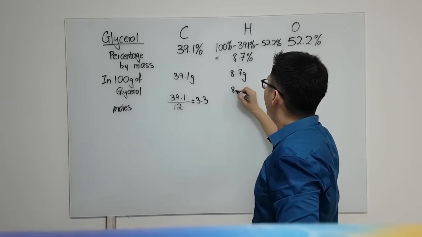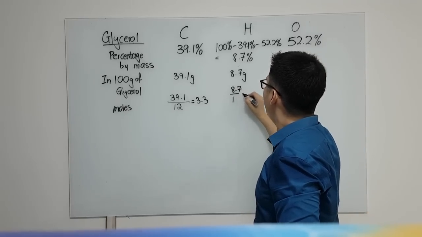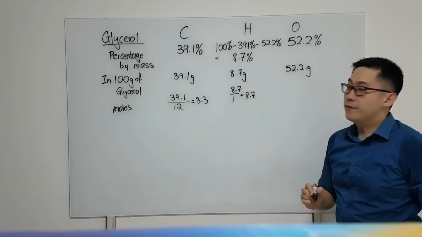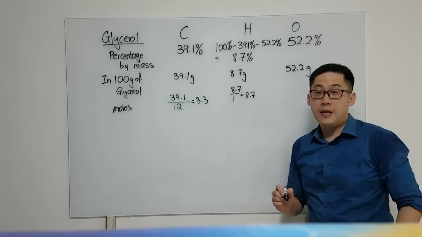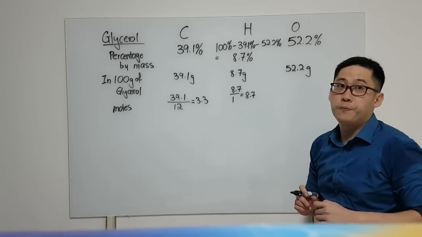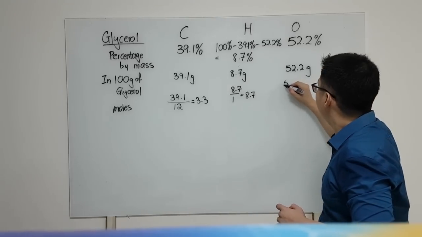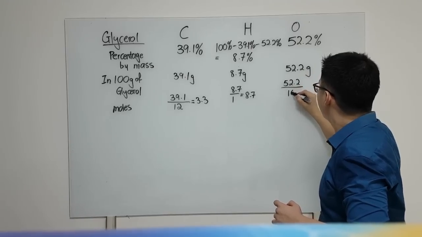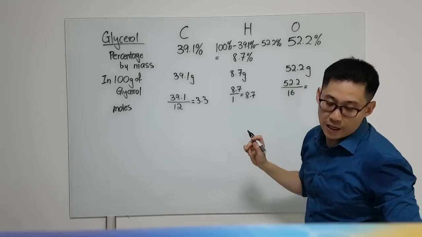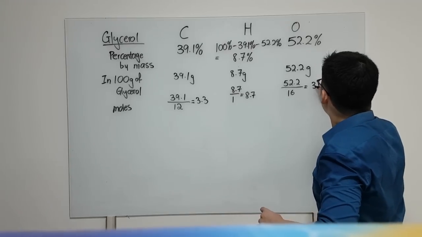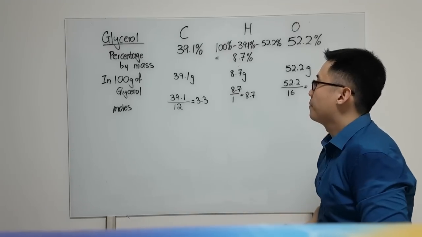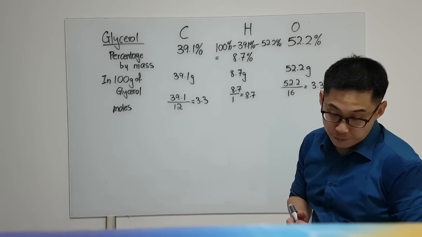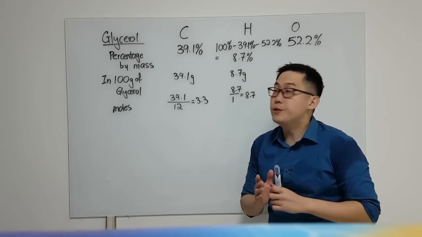For the case of hydrogen, 8.7 divided by 1, that gives me 8.7 moles of hydrogen. And for the case of oxygen, all I need to do is to take 52.2 and divide by 16. And that would give me 3.3.